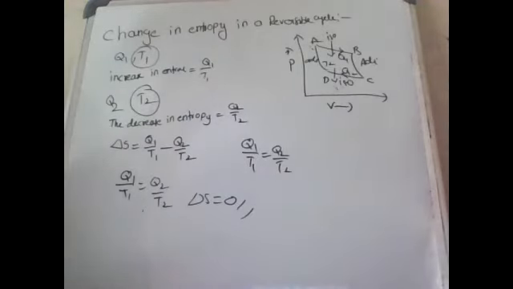From this equation we can say that the sum of the quantities of heat transferred during isothermal changes divided by the absolute temperature of the isothermal, in a reversible cycle, is 0.